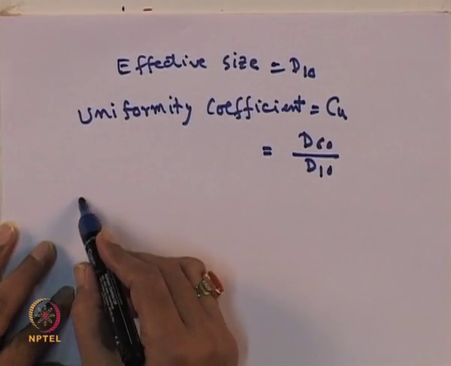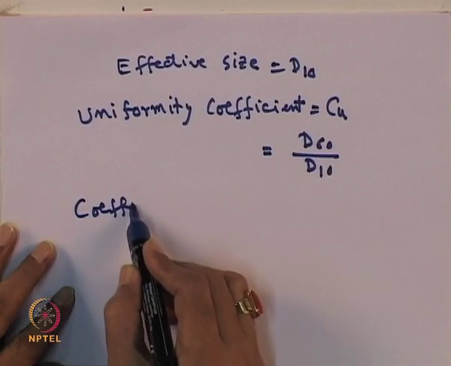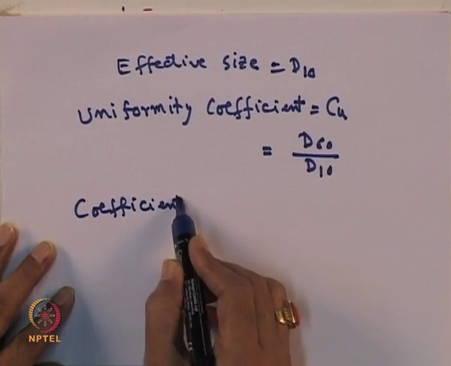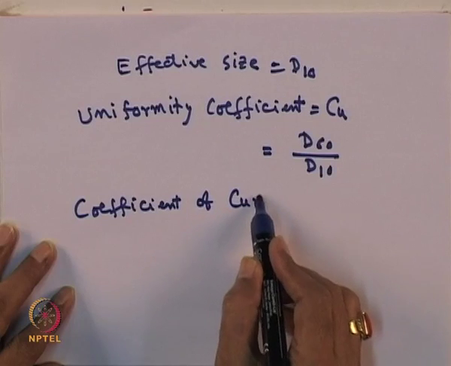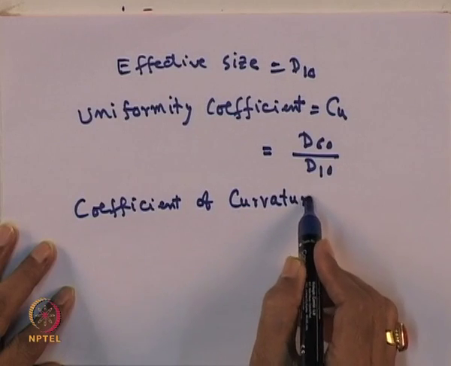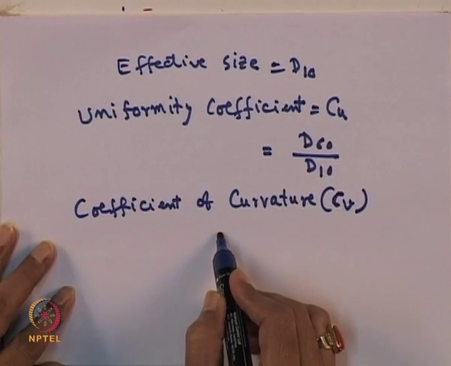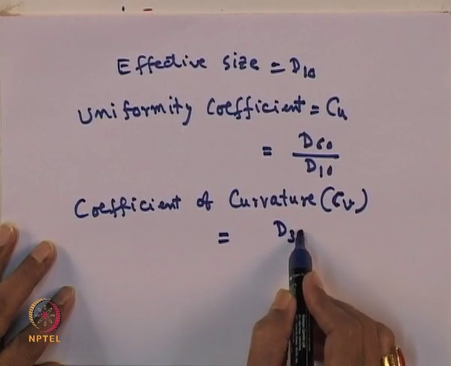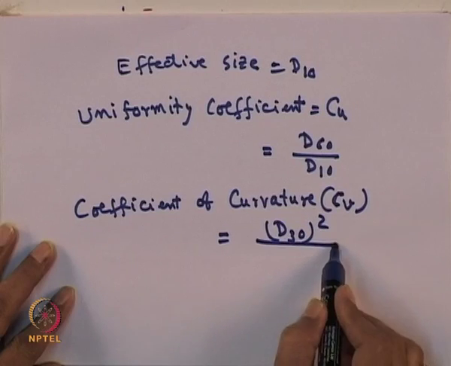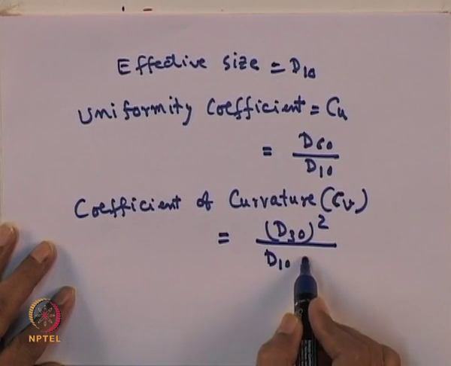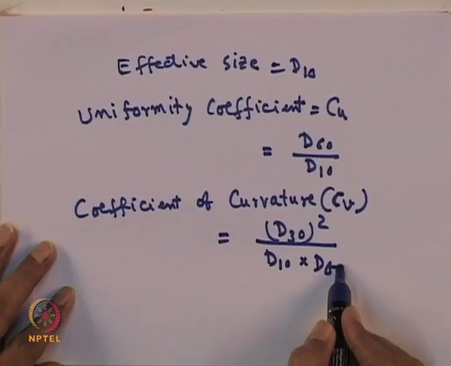You can also calculate the coefficient of curvature, designated as Cc. So, Cc is equal to D30 squared, divided by D10 into D60.